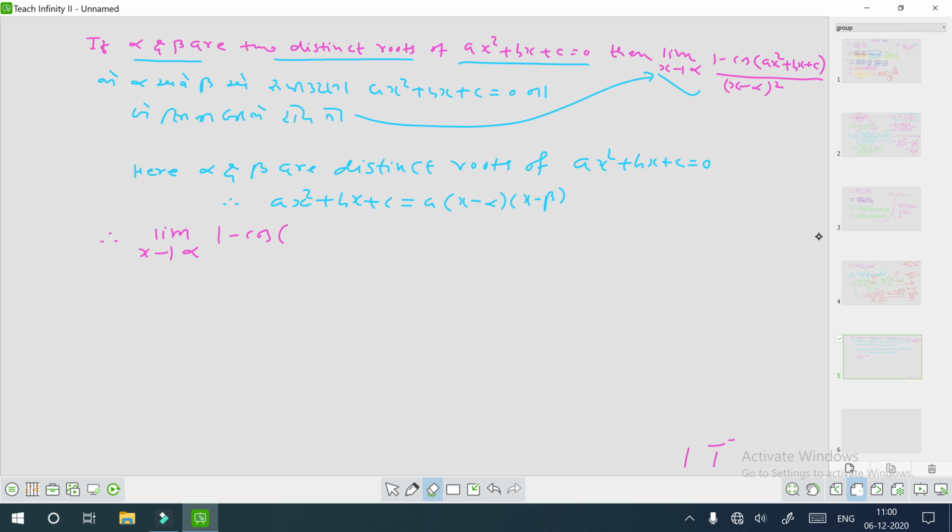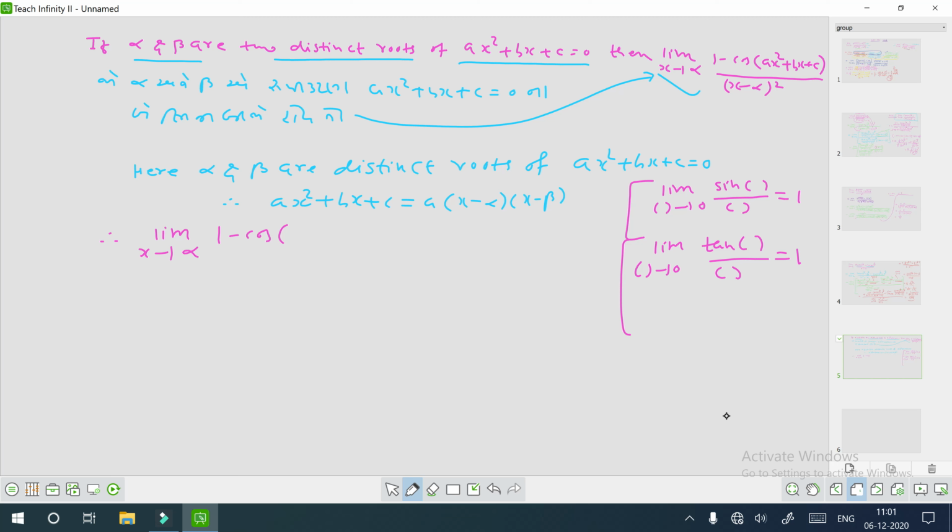So using these two standard forms, we are going to solve this one. Let us write here also. Limit of sine of some angle over some angle, as the angle tends to 0, is 1. Similarly, limit as some angle tends to 0, tan of some angle over some angle is also 1.